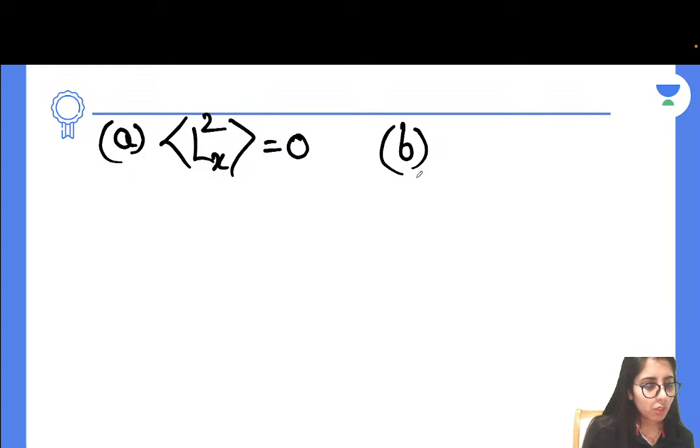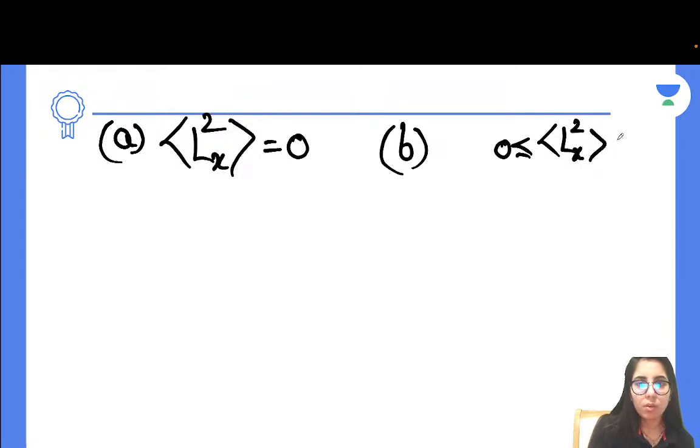Expectation value of Lx square within 0 and L square h square can also be equal to these values.